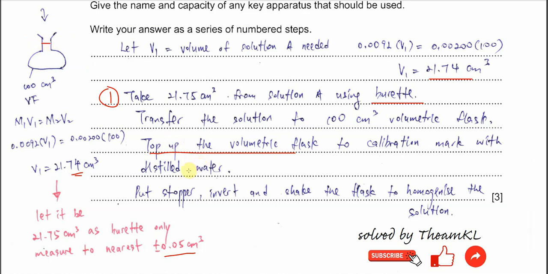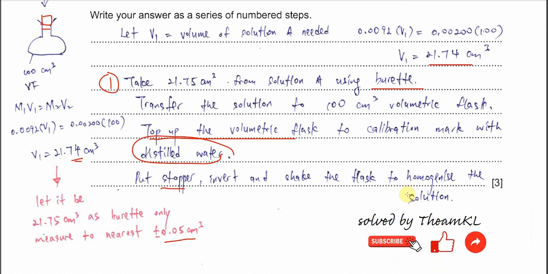Another thing you need to be careful about: during the top up we need to use distilled water. You cannot simply mention water, you must use distilled water. Once it has reached the calibration mark, we put the stopper on, then invert and shake the flask to homogenize the solution. These are the steps that you must give.